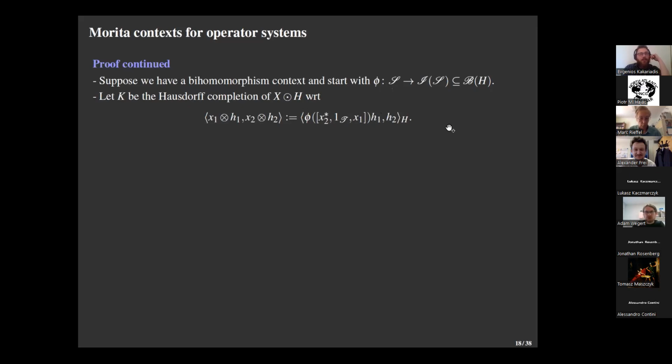Sorry, what does it mean, Hausdorff completion? Hausdorff completion means that I take this sesquilinear form, I take the kernel, the elements that give you zero, and I take the quotient by that kernel, and that would be an inner product. And I take the completion of that quotient. So this is called separation completion.